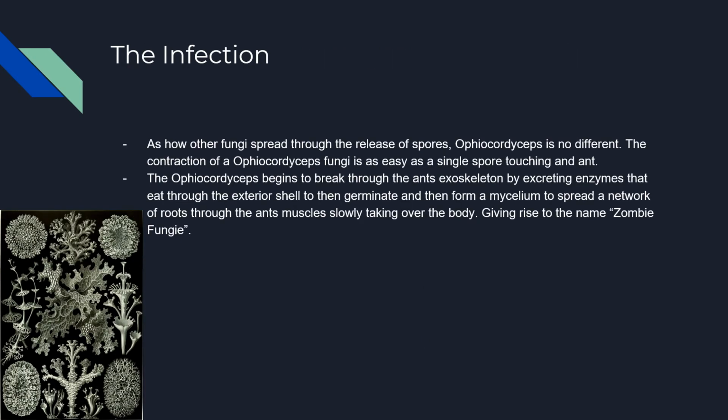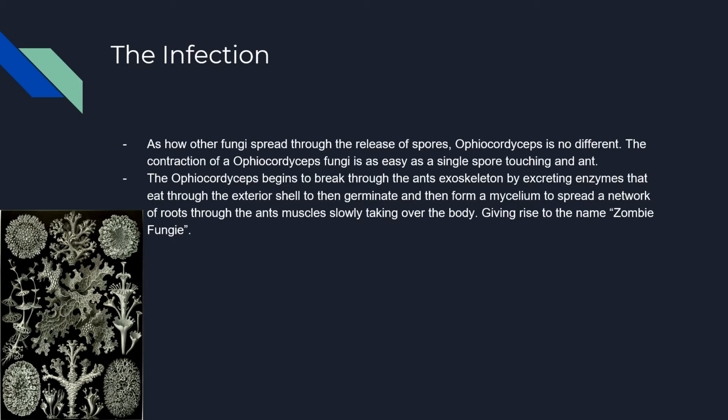So the whole process of this fungi is divided into four sections. The first is the infection, which we're going to talk about right now. The second is called the death grip, which I'll explain in a bit. The third is the fungal growth, and the last one is called the killing zone. As other fungi spread through the release of spores, this Ophiocordyceps is no different.